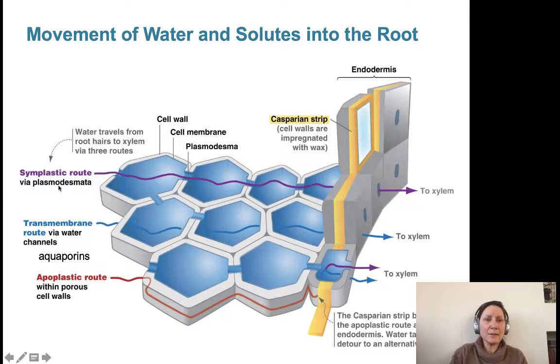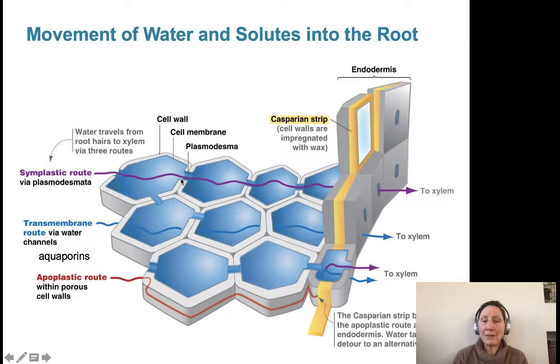So the symplastic route is probably far and away the fastest route. Once the water enters the cell, however it enters the cell in the root hairs, it can travel along these plasmodesmata. Recall that plasmodesmata are these gaps between the cells.